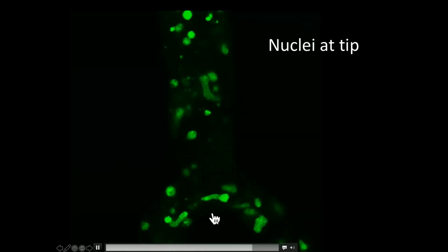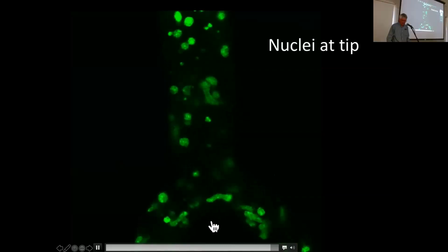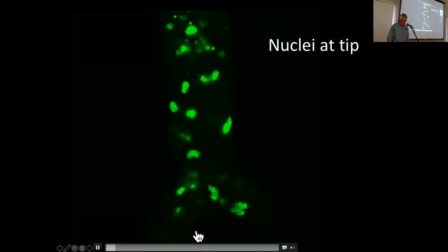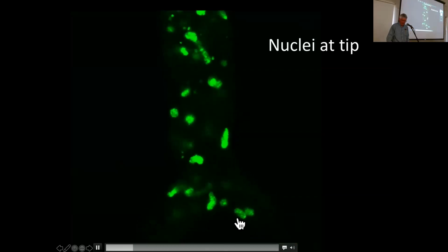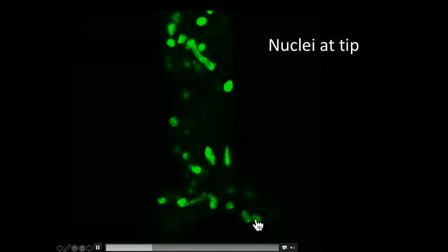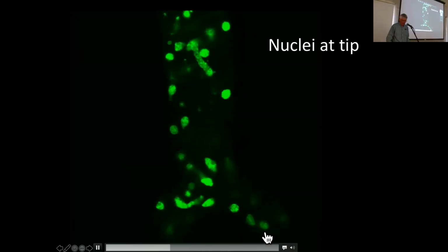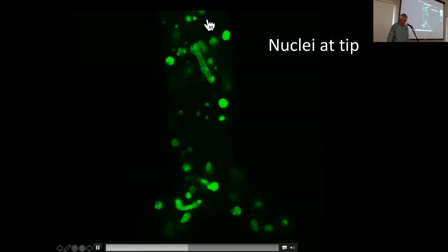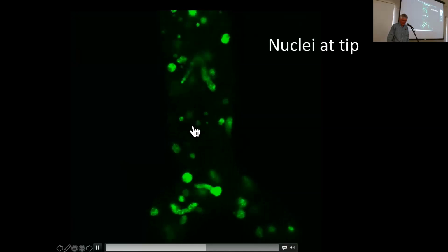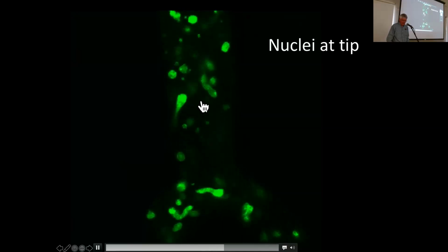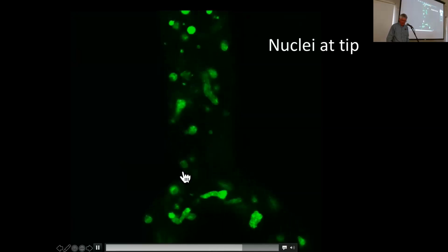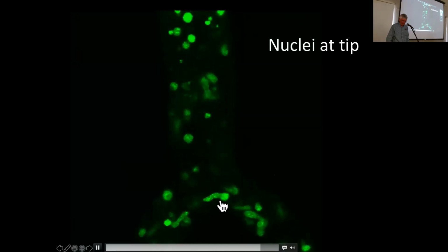And you can see that this is actually growing. This is going to loop around. So here it starts. The very tip is right here. It's manufacturing new material, new cell wall, new membranes out of this tip. And then the material is moving slowly into the newly made space. And you can see some of these nuclei are dividing, where you see the long one here, this one's starting to divide.